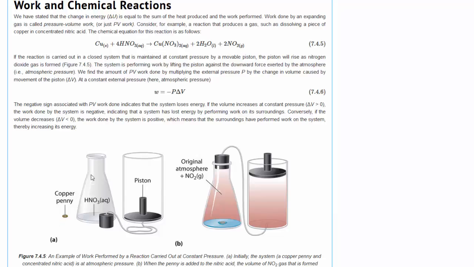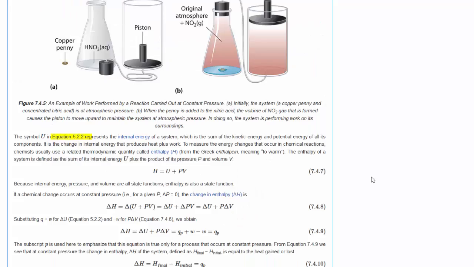So we put the penny into the nitric acid, we plug the hole with our stopper, and nitrogen dioxide gas is formed in this flask. It goes into this vessel. We have pressure. The pressure raises the piston. Work has been done.